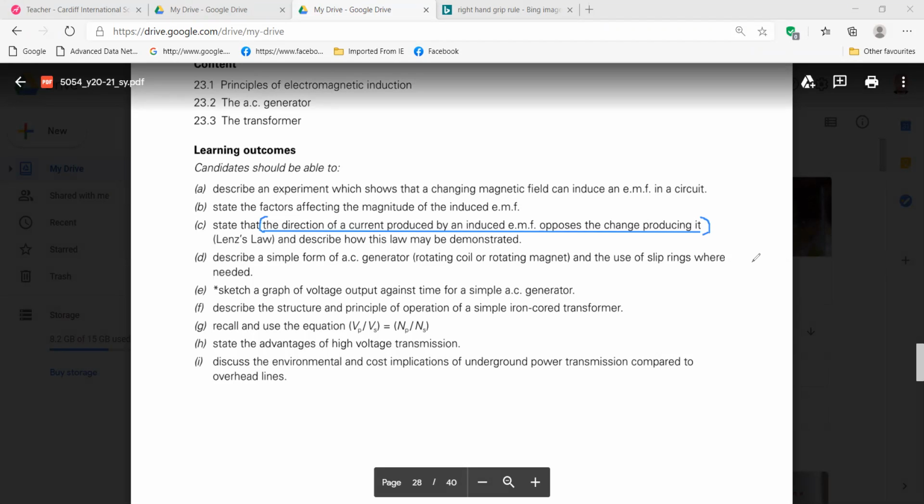You write the heading Lenz's law, and it is the statement of Lenz's law. Whatever we discussed till now about Lenz's law, it is the sum up. And you also relate the discussion you just got with the statement, is it matching or not?